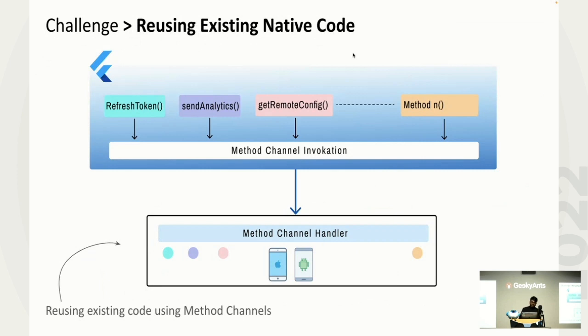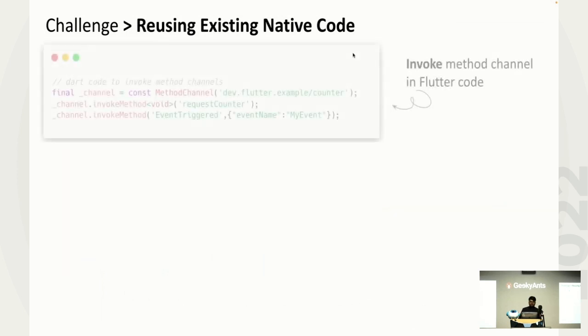No. So what you can do, you can invoke method channels from Flutter, and then you can handle them inside your native apps. Whenever a method is invoked, it will check the parameters, if any, and it will process it. You can run your native code and send the result back or not, it's your choice. Here is an example.